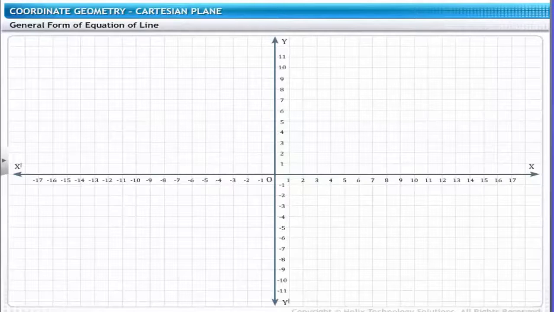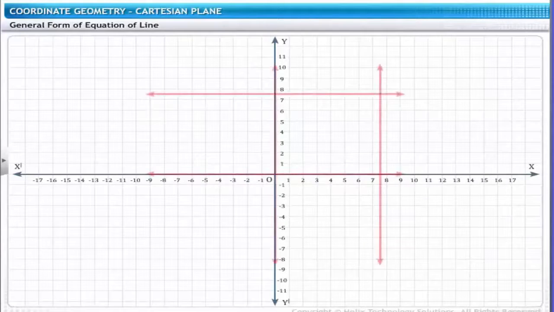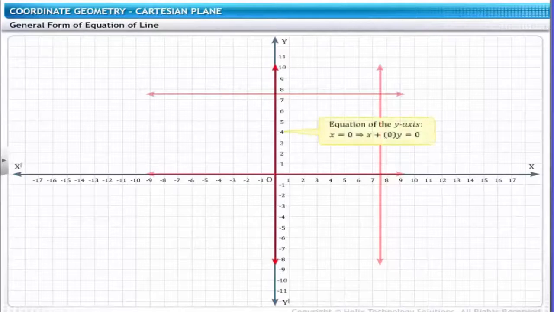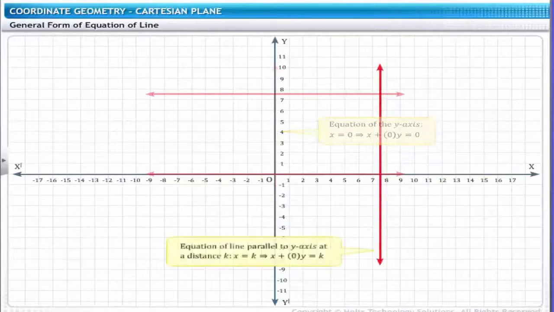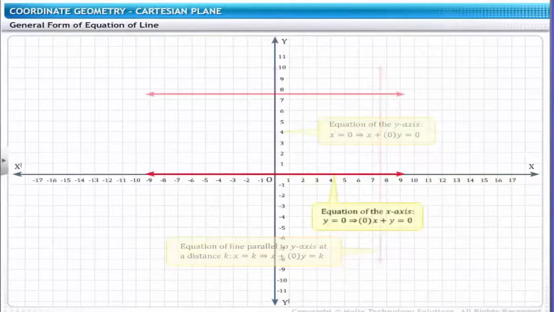Let us now consider all the equations together to arrive at the general formula for a line. The equation of the Y-axis, x equals 0, is represented as x plus 0y equals 0. The equation of a line parallel to the y-axis, x equals k, is represented as x plus 0y equals k. The equation of the x-axis, y equals 0, is represented as 0x plus y equals 0.